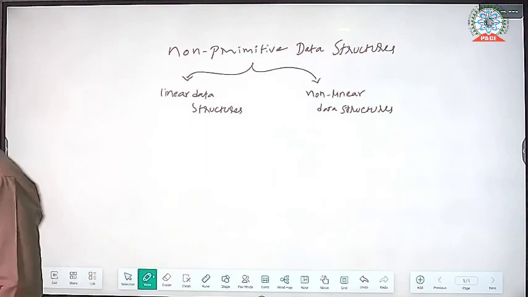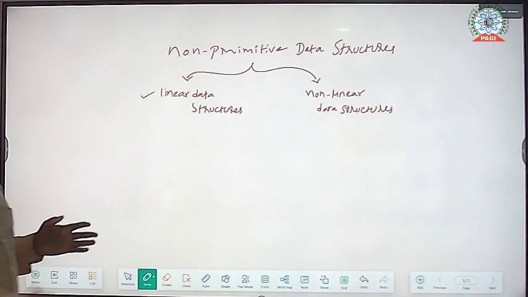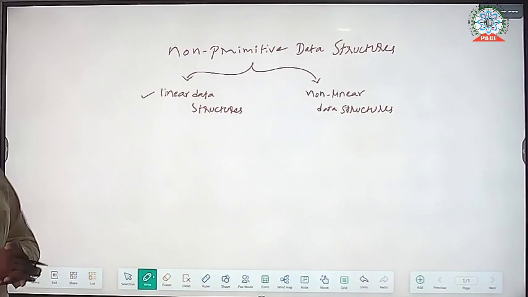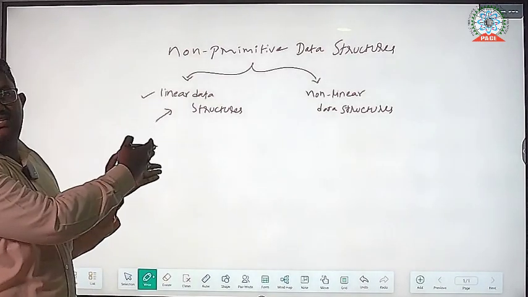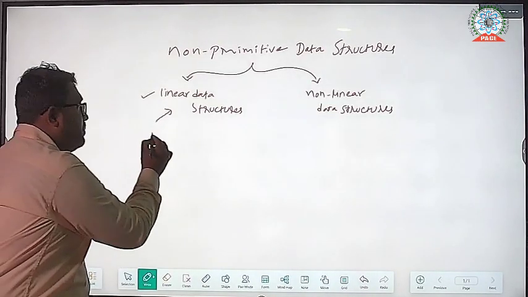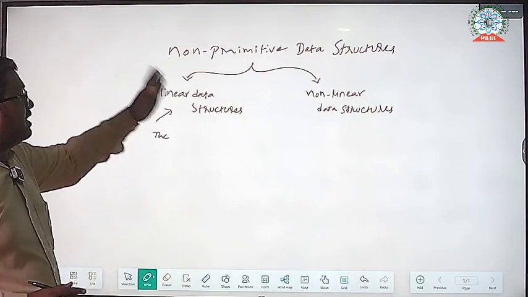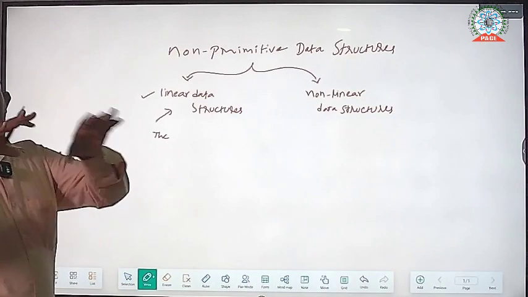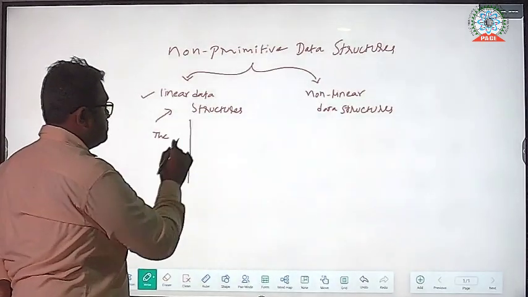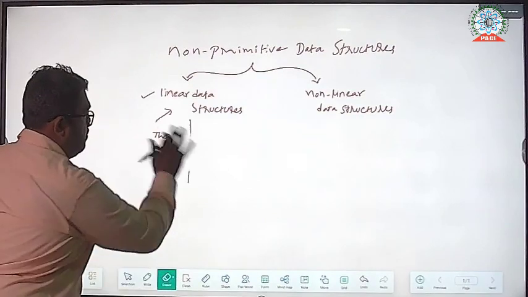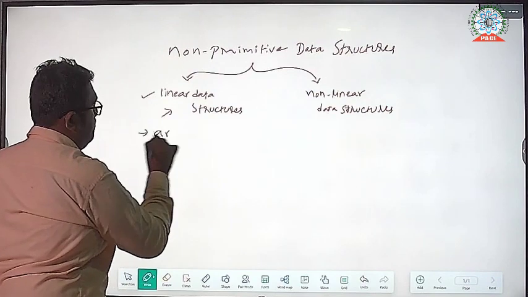Now coming to linear data structures. What is meant by linear data structures? Here again, the name itself indicates it. The arrangement of data in a linear data structure is going to be in a linear way.